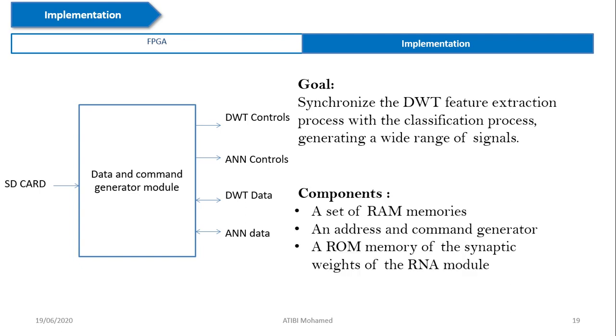For example, it has many components: a set of RAM memories to store the information, an address and command generator, and a ROM memory of the synaptic weights of the artificial neural network.